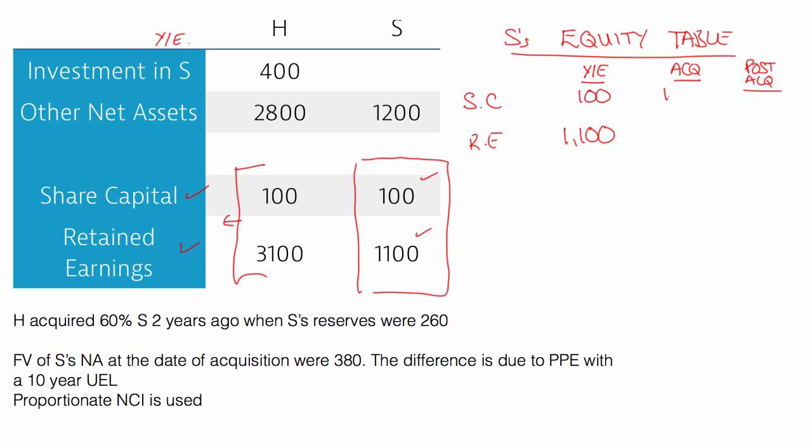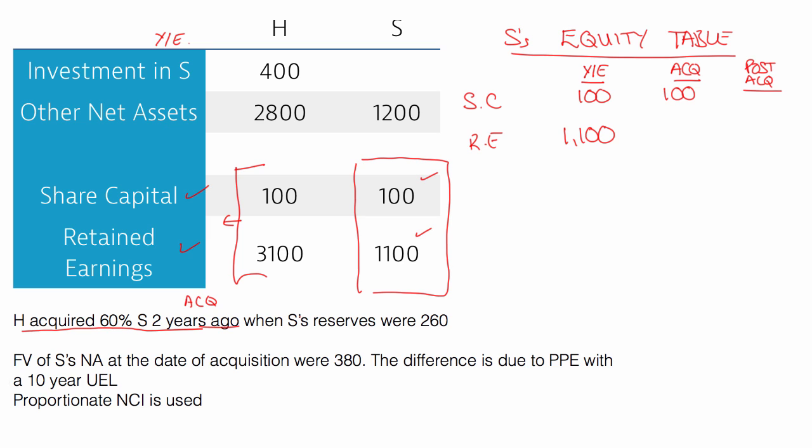You always presume the share capital was the same. So when we bought it was 100, at the year end 100, you presume it was the same. But I want to know what the retained earnings were when I bought it. Okay, so H acquired 60% of S 2 years ago. 2 years ago is the at acquisition date.